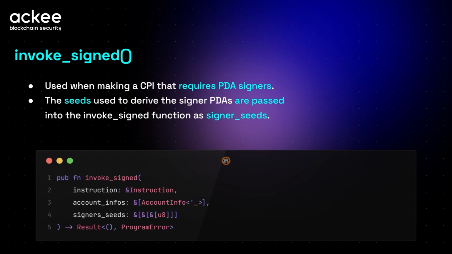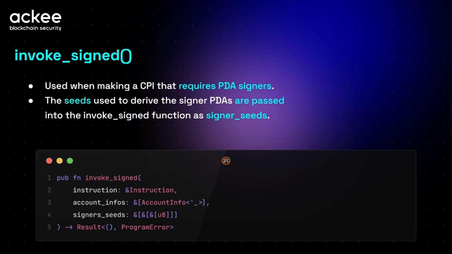It is important that the program ID is here because when you call invoke signed, the runtime automatically includes the currently invoking program ID in the signer seeds. That means in the signer seeds you include the seeds and the bump, and the Solana runtime automatically includes the program ID of the program which is currently performing the invoke signed.